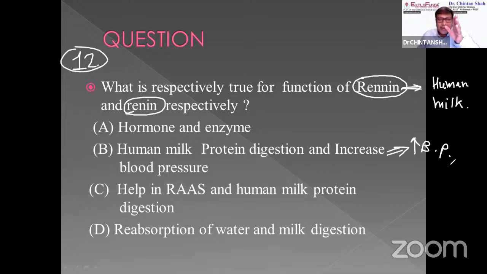In that system, renin will convert angiotensinogen into angiotensin 1 and angiotensin 2, and that will cause blood vessel constriction. As a result, the volume decreases, then the pressure increases. It is as simple as that. As well as aldosterone is reabsorbing sodium, and the sodium retention will also increase the blood pressure.